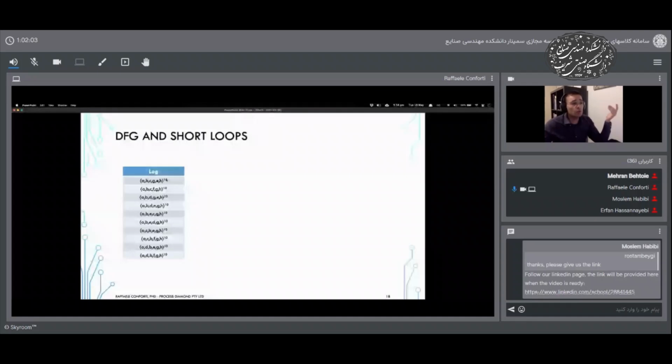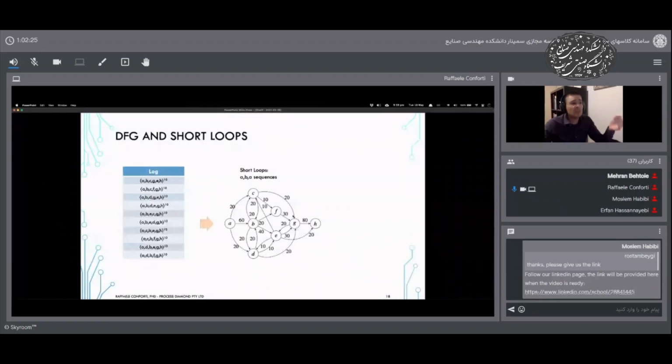And what we do is generate our graph. It's similar to the graph we saw before. The only difference is that in this graph, we are not annotating the frequency of the activity, because for a directly follow graph, this information is not relevant. As part of this step, we also take record of other information.